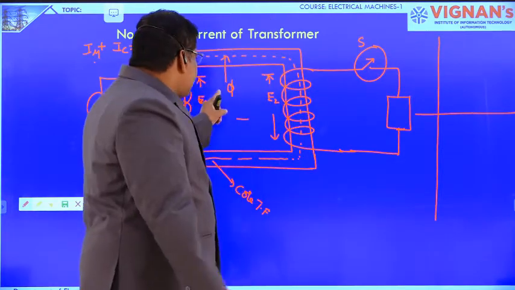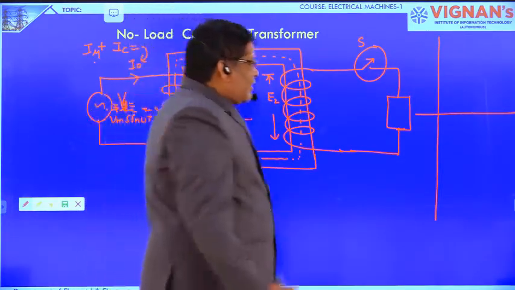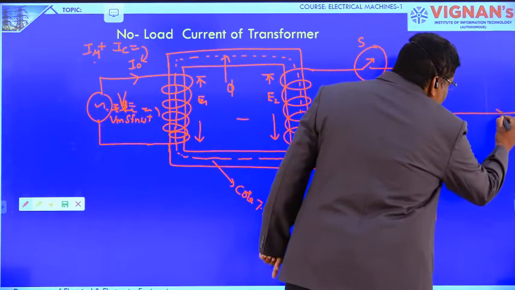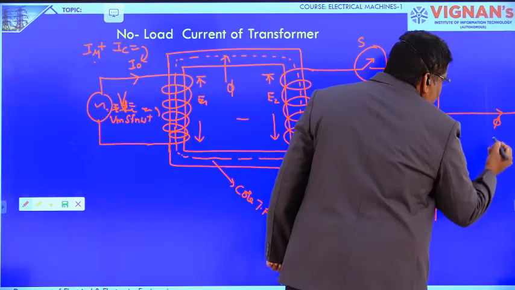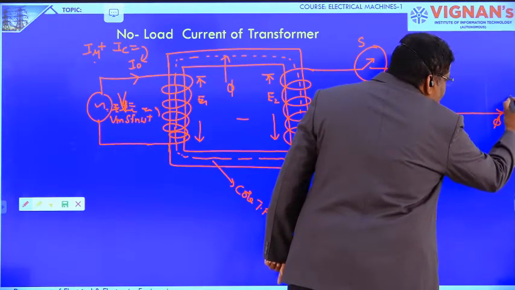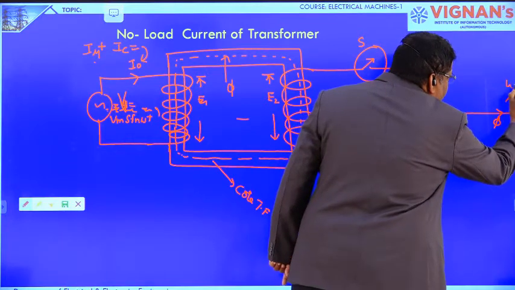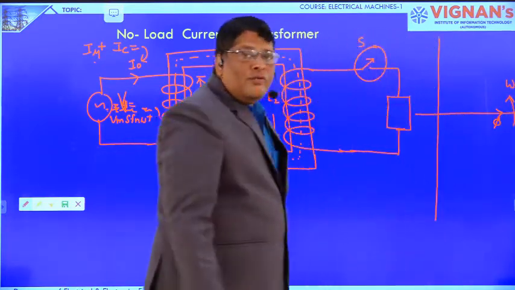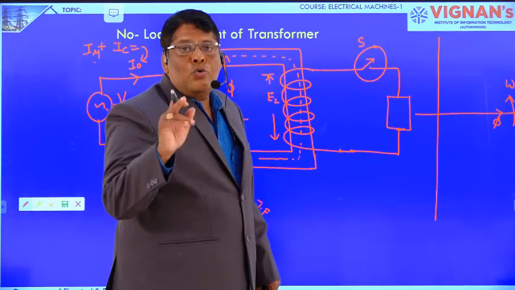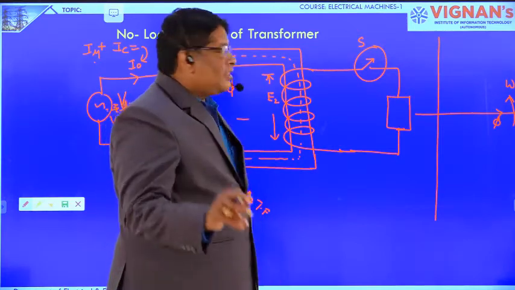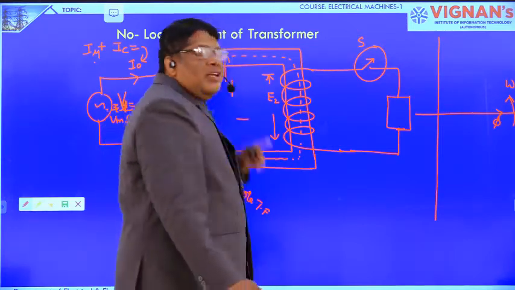First of all, you take the flux on the x axis. All the phasors are rotating in the anti-clockwise direction with a velocity omega, where omega equals 2 pi f, where f is the frequency of the supply.